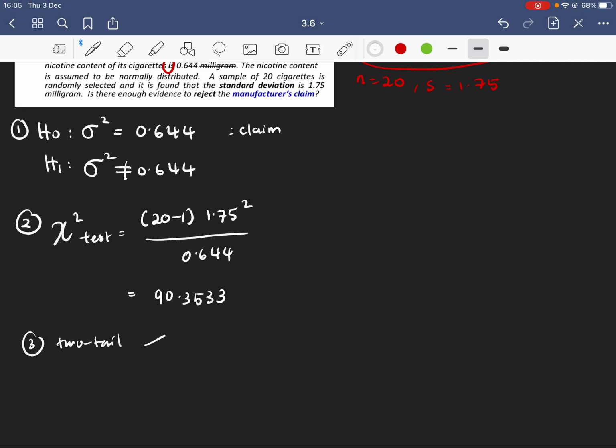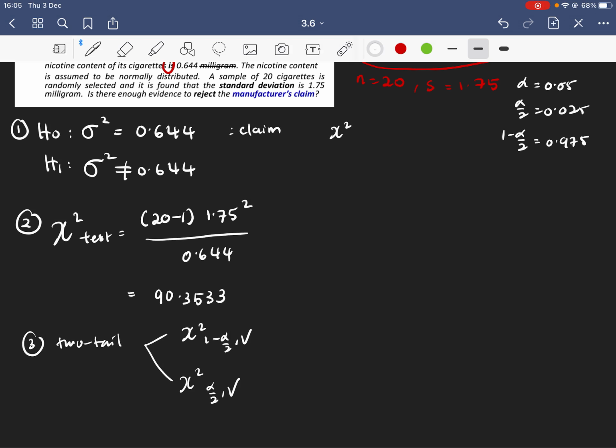Okay, you have two-sided. So chi-square 1 minus alpha over 2, nu and chi-square alpha over 2, nu. Find one by one. Alpha is not given, so alpha is 0.05. Alpha divided by 2 is 0.025. So 1 minus alpha over 2 is 0.975.